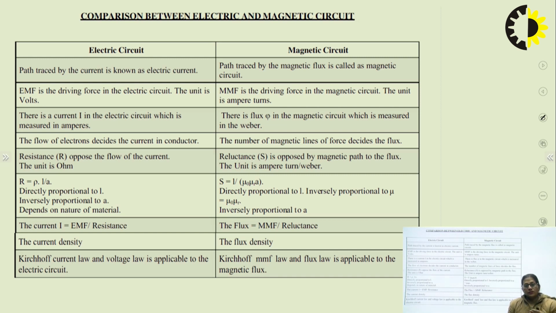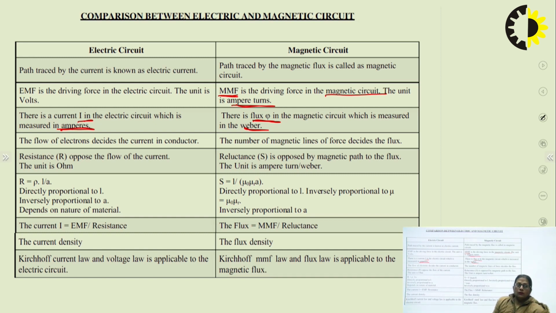Second, the driving force in the electrical circuit is EMF, and its unit is volts, whereas in the magnetic circuit the driving force is MMF, and its unit is ampere turns. There is a current I in the electrical circuit, measured in ampere, whereas the analogous term in the magnetic circuit is flux, and its unit is Weber.